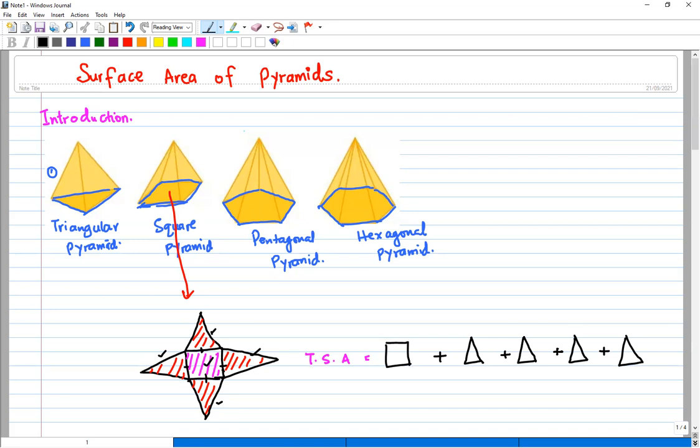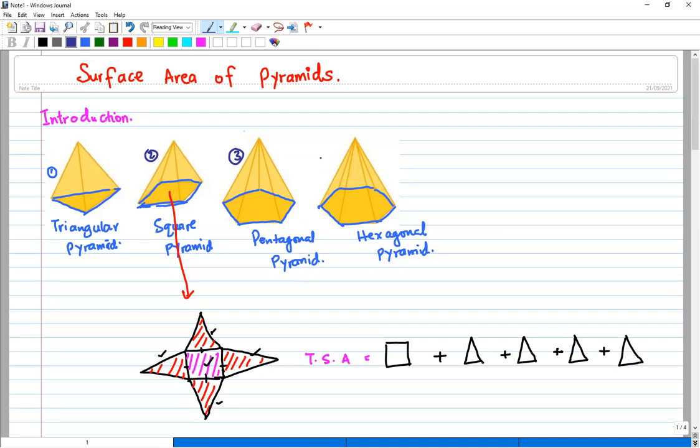So if it is number one, which is a triangular pyramid, find the area of all its faces. If it is this pentagonal pyramid, find the area of the pentagon and the area of all triangles.